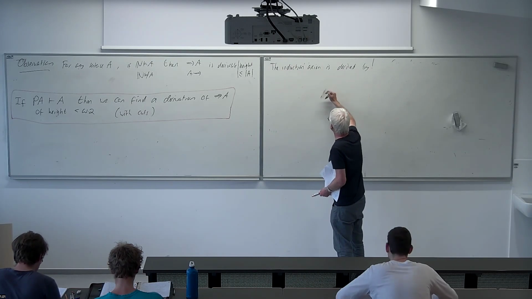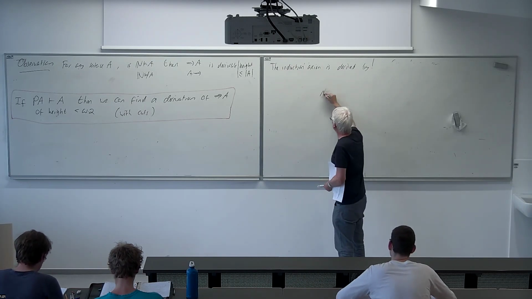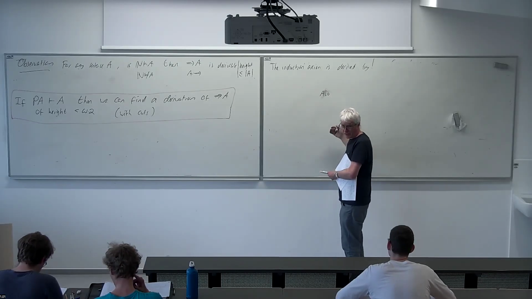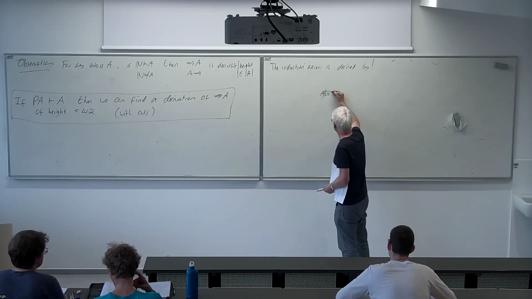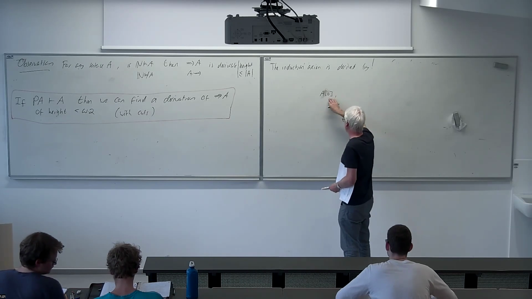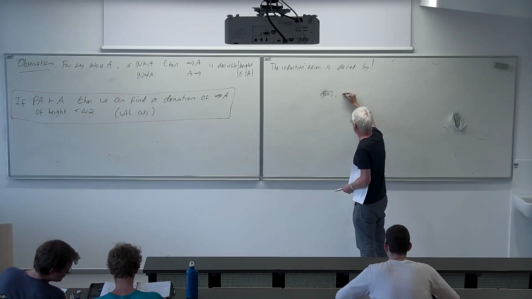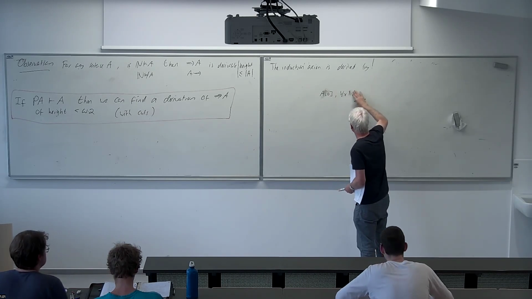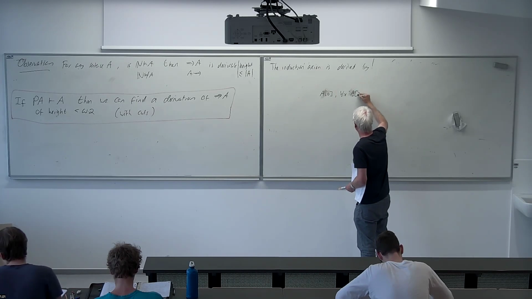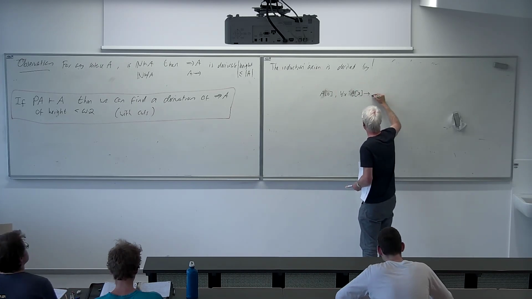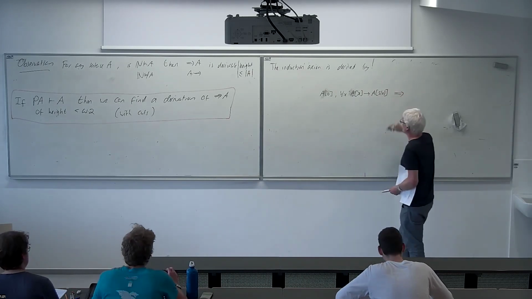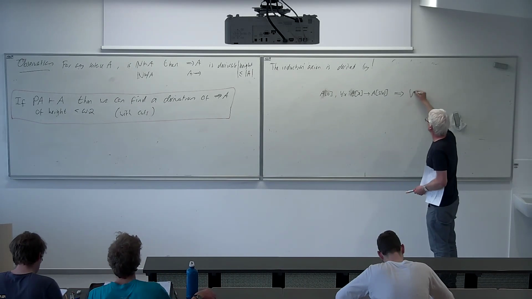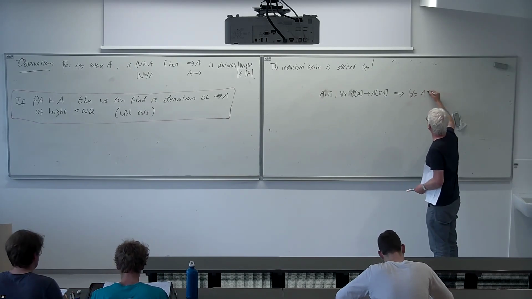I'm not going to put it as a single formula. I'll put it in a sequent form from which it's easy to then apply a few more rules to get it to a single formula. So if we've got A with 0 substituted for the variable x, and we've got the other premise of an induction, that if A holds for x, it holds for the successor of x, we want to prove this sequent, that for all x, A(x).